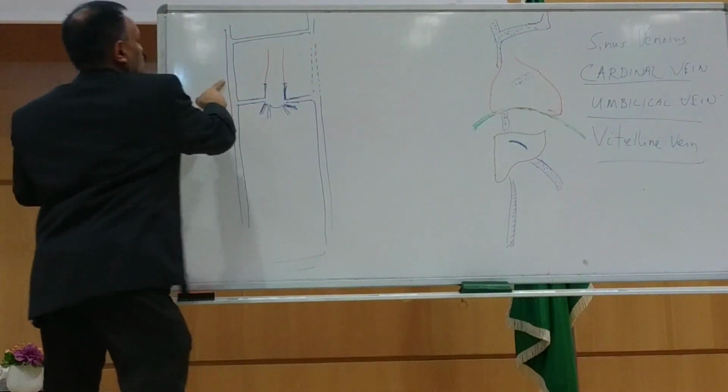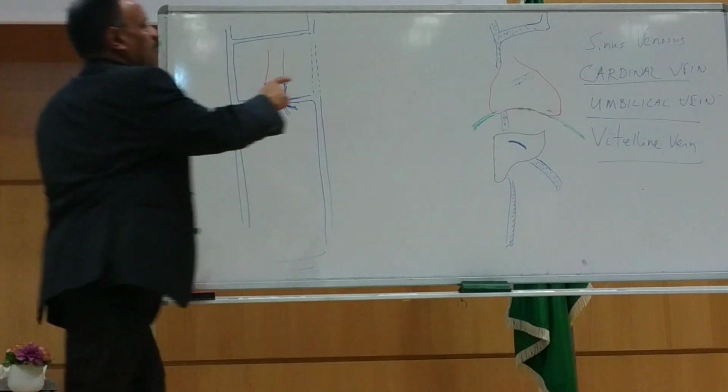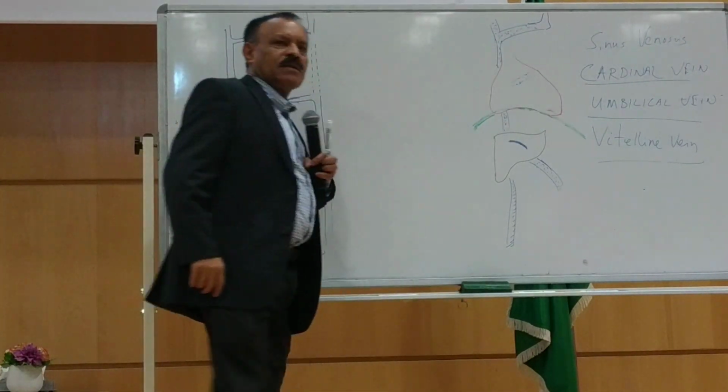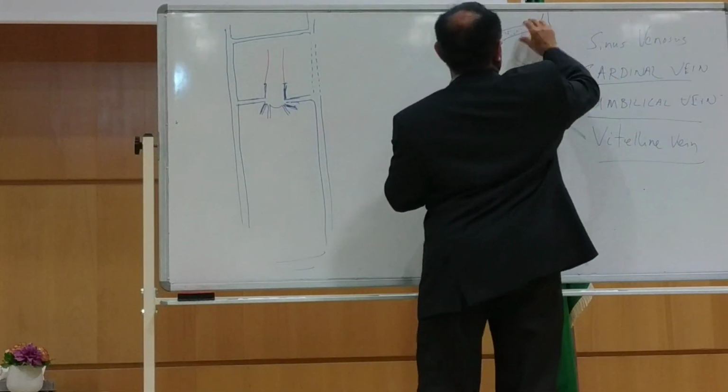So this becomes the superior vena cava. So if I ask you in the exam, the superior vena cava is coming from where? You will see it is the right anterior cardinal vein. Is that difficult? Easy now. So if I say brachiocephalic vein, this is the right brachiocephalic vein. This is the left brachiocephalic vein.